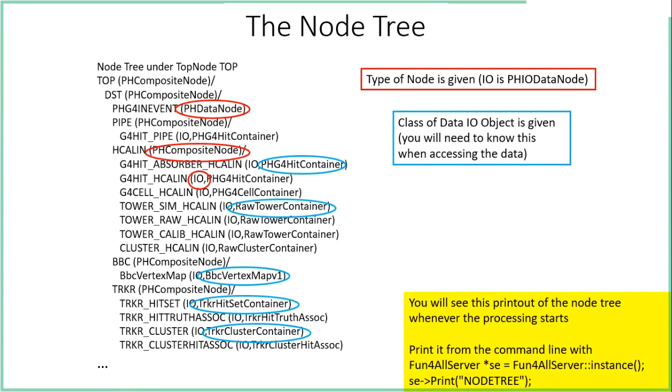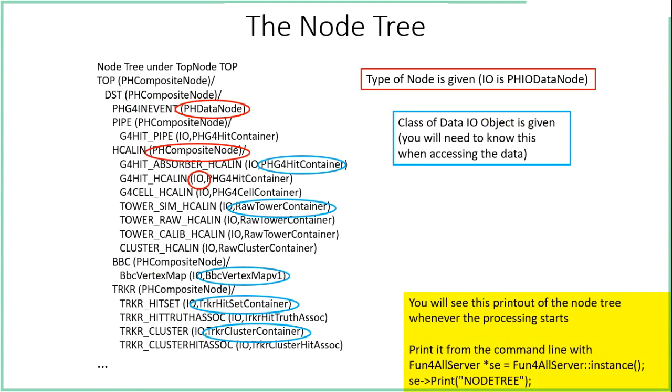If you print out the node tree, this will become apparent later on when you want to access the objects on the node tree. So if you just print it out, then you see in red you get the type of the node is given to you. So you've got the PH data node up there, the composite node, and IO is then PH IO data node. That was just too long, so it's called just IO.